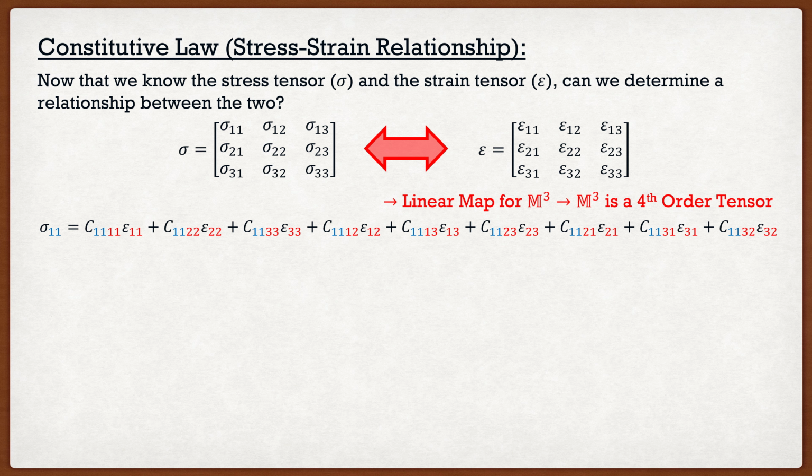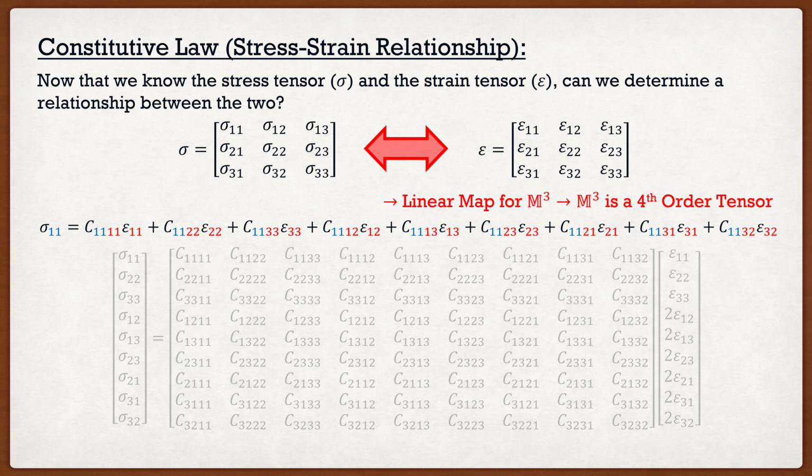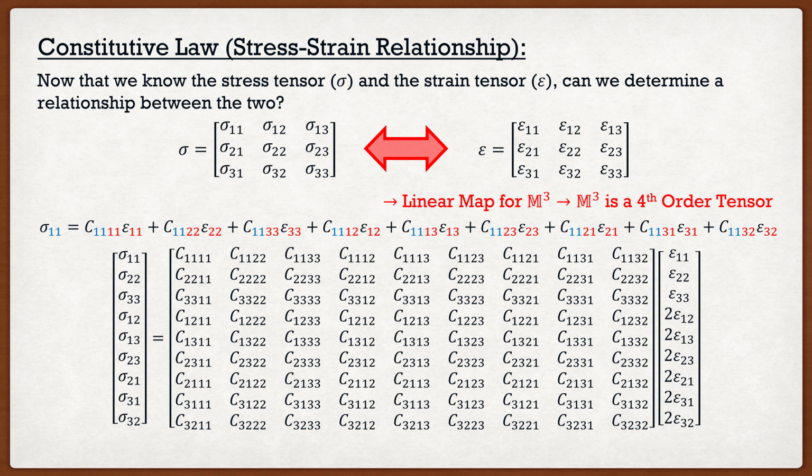Because keep in mind, our strain tensor is 3 by 3, so therefore we have 9 different values of strain. If we were to represent this in matrix form, as we can see, it becomes quite a mess. We have basically a 9 by 1 vector, another 9 by 1 vector representing the stresses and the strains. Therefore, a linear map or a matrix between them is going to be 9 by 9, which is going to be a lot of coefficients.